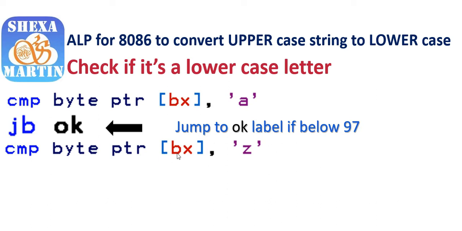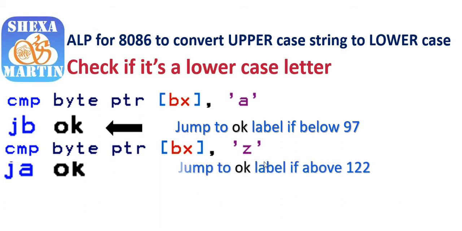We then check again whether the character at the location stored in BX is within range. We are just comparing, and the result is going to be determined and action is taken here. We jump if above, jump to the label called OK if the character is above 122. So why are we saying jump if above?